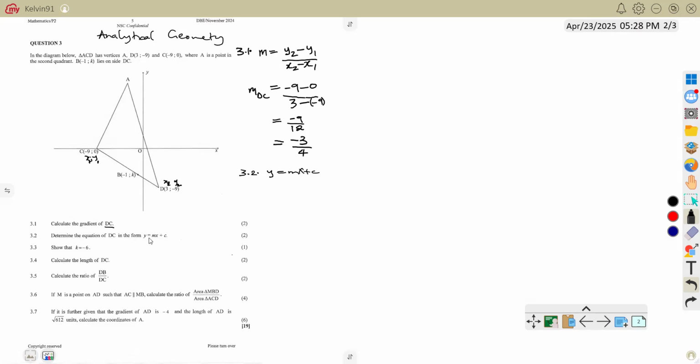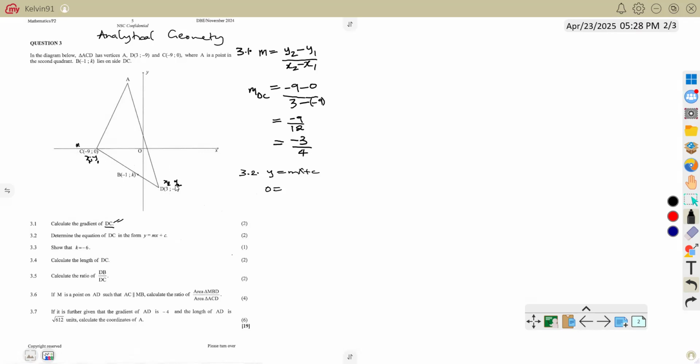So what is it that you need to calculate the equation of a straight line? You need the gradient and any point. This DC is the one that we did the gradient for already. So you choose any point that you want from these two. If we decide to take this point, it therefore means that our y is 0, equal to our m.